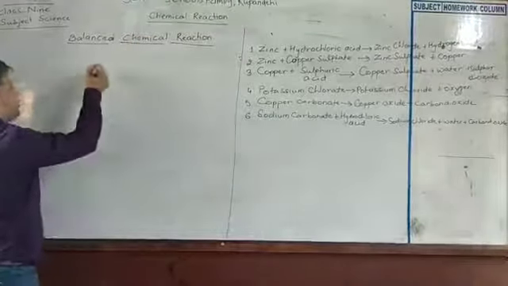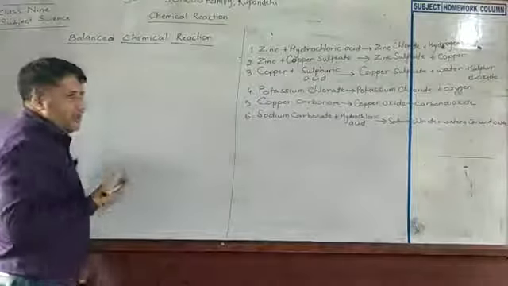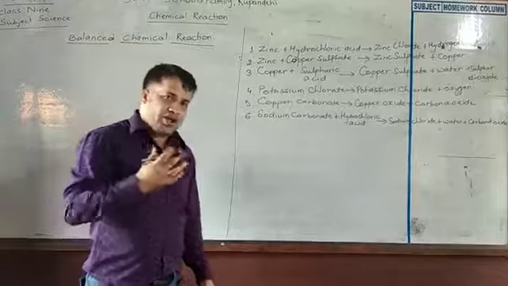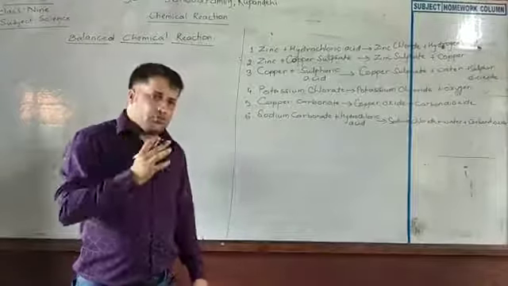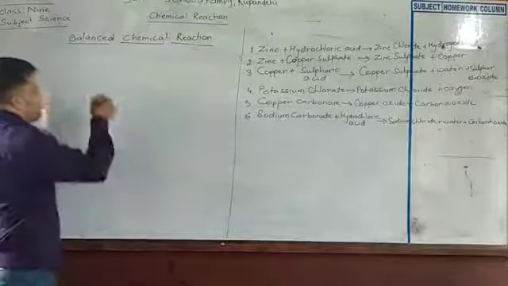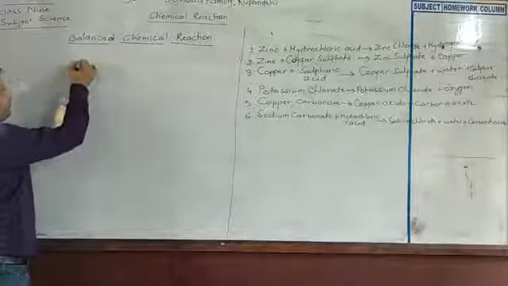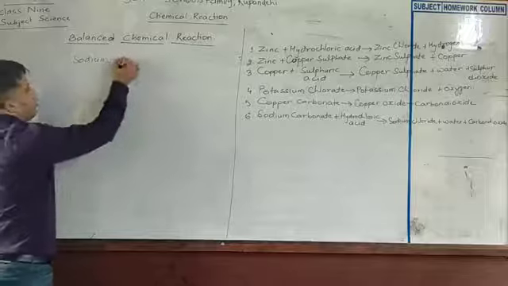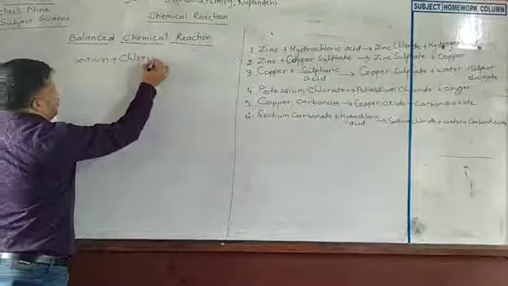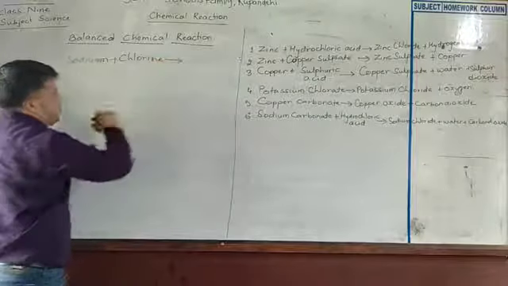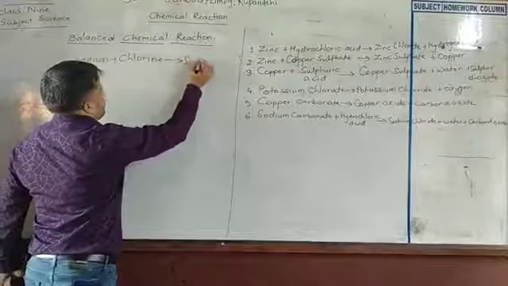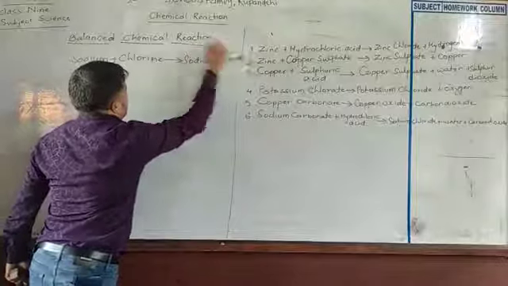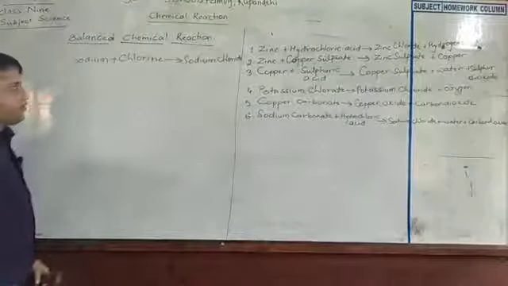For writing a balanced chemical equation, we have to first write the word equation properly. So let's write: sodium reacts with chlorine to give sodium chloride.